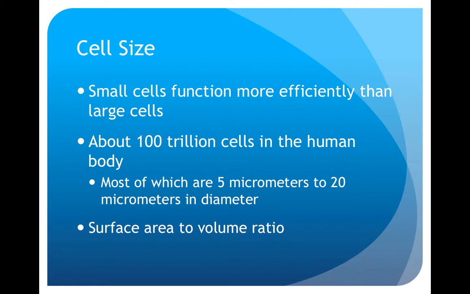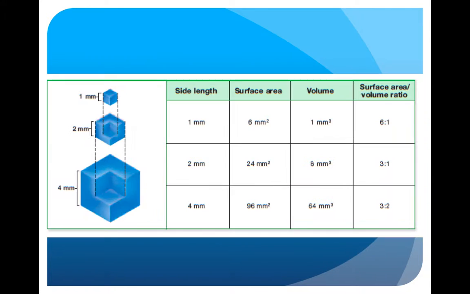The reason small cells function more efficiently than large cells is because there's a larger surface area to volume ratio. You've seen this slide too. When I say larger surface area to volume ratio, I'm talking about this number right here. There's a bigger difference between 6 and 1 than there is 3 and 2.